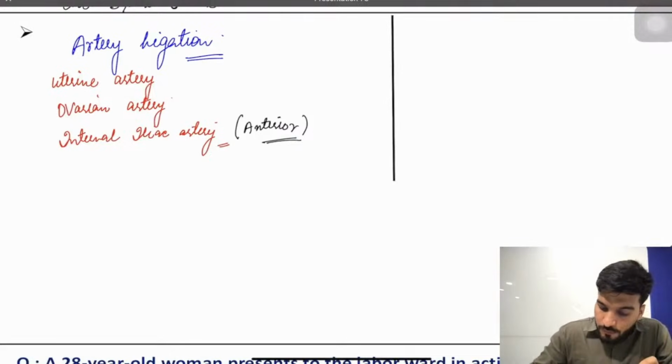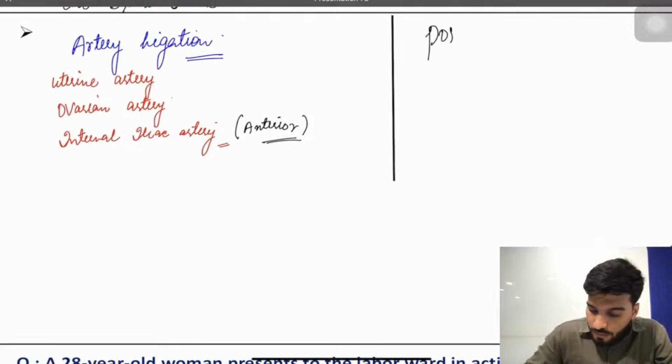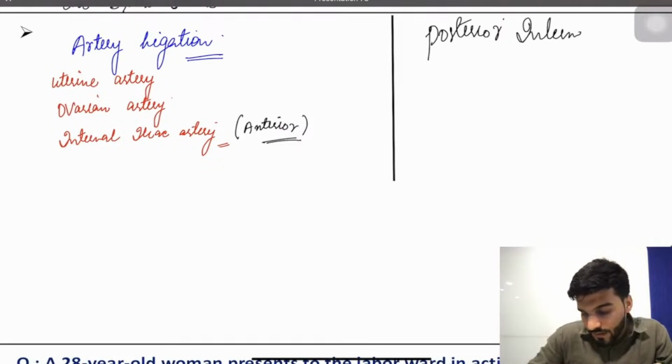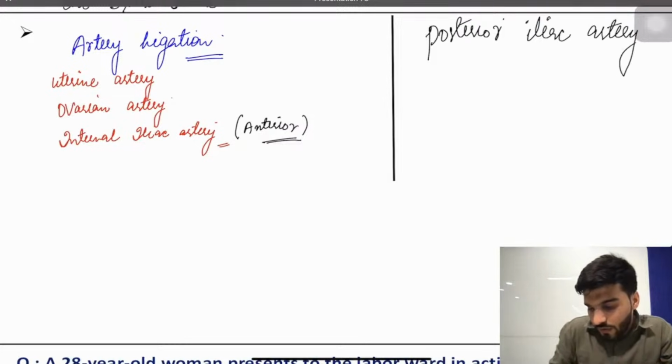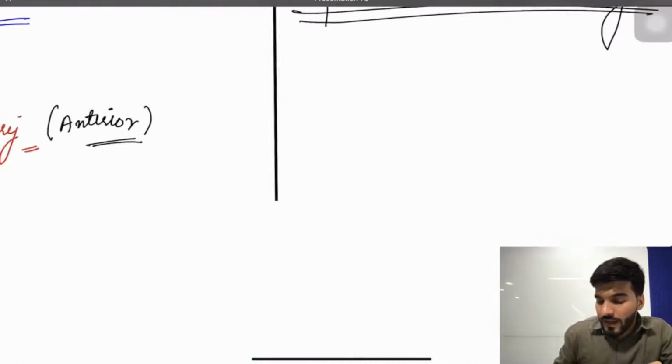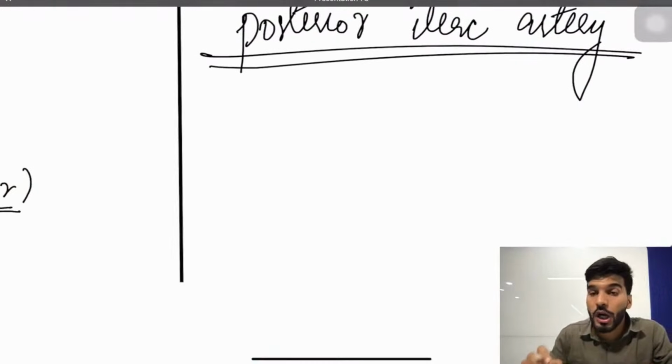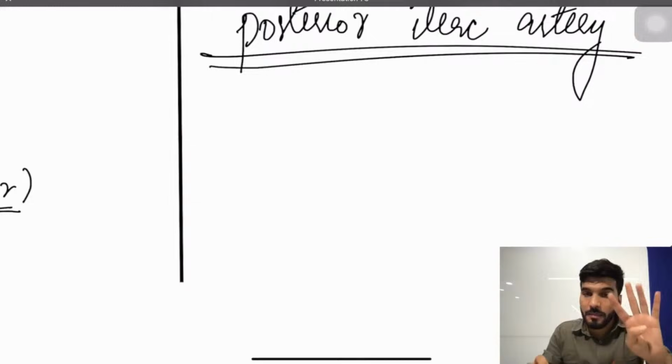Okay, remember the posterior internal iliac artery. We have three branches. Remember, whenever the question is which of the following branches should not be ligated in case of a PPH, remember these three branches.